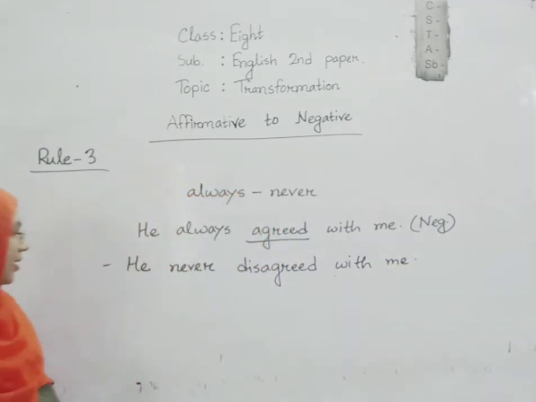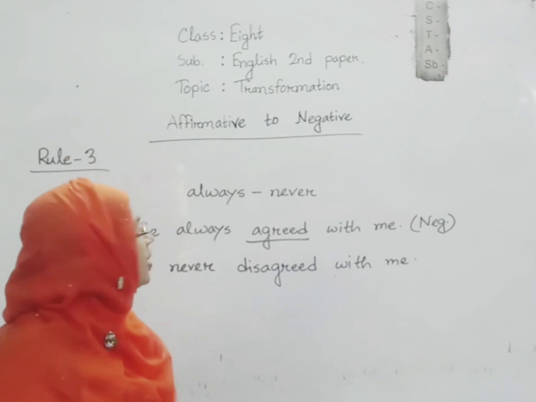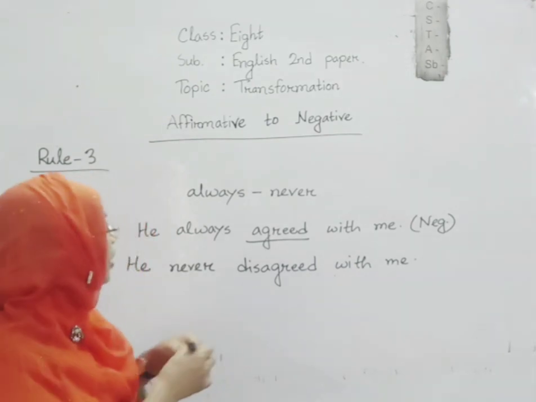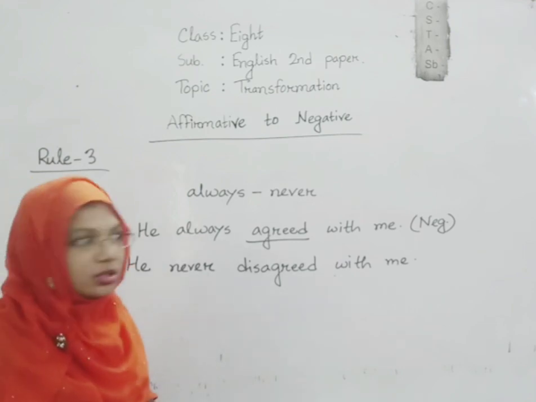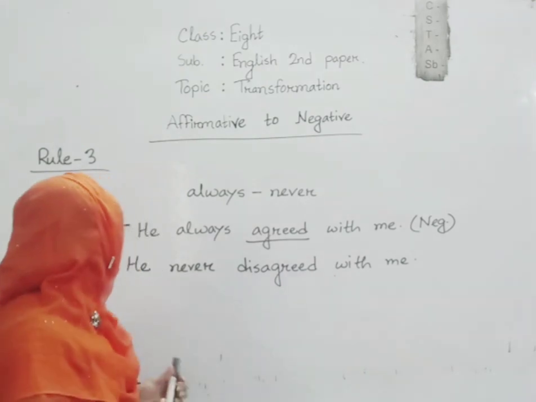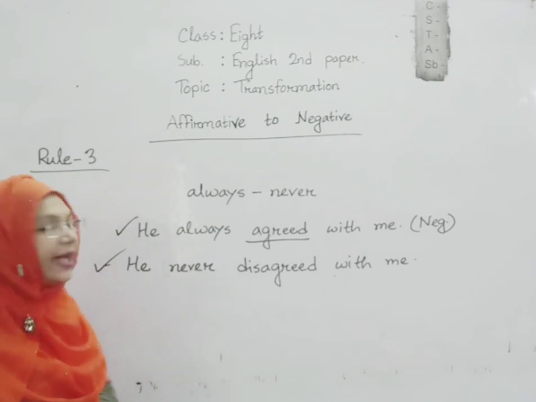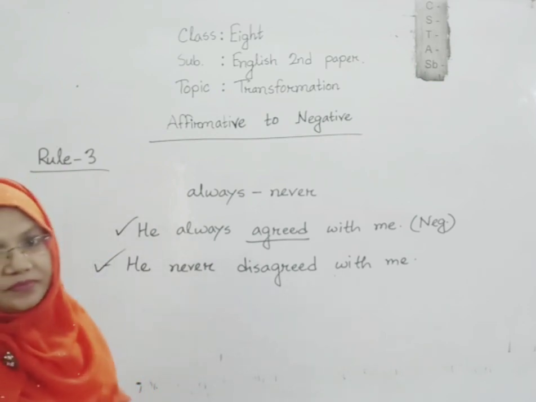So the answer is he never disagreed with me. Dear viewers, as you can see, the rule of transformation is okay now, because transformation means actually rupantor but without changing meaning. So if you read the sentences, you will see that there is no changes of meaning.